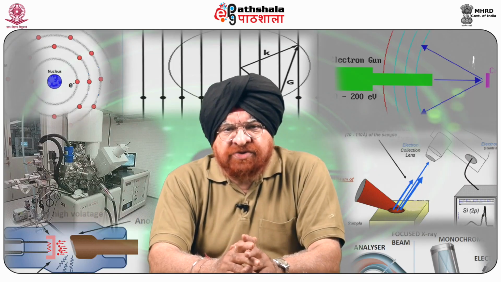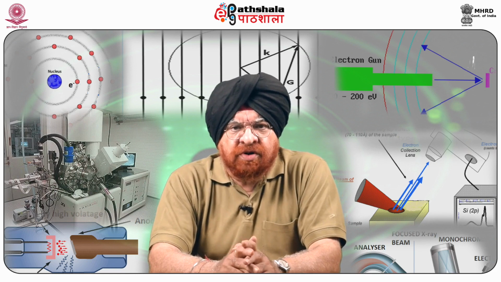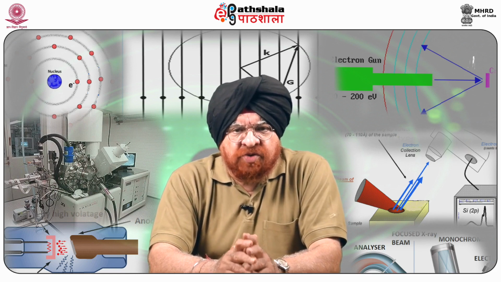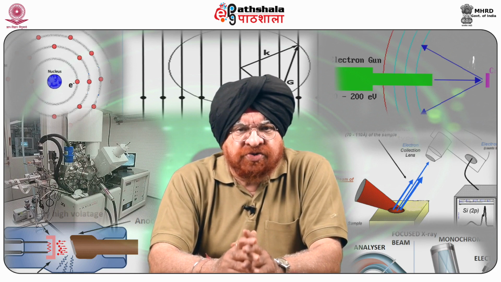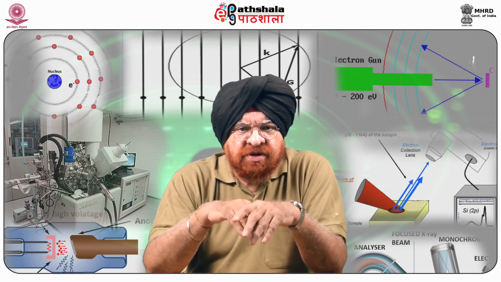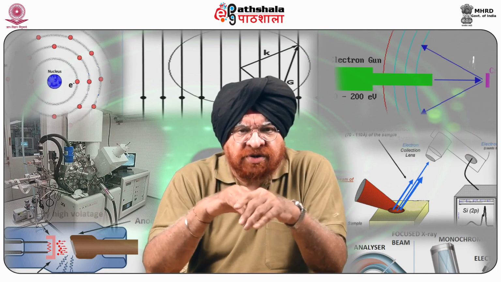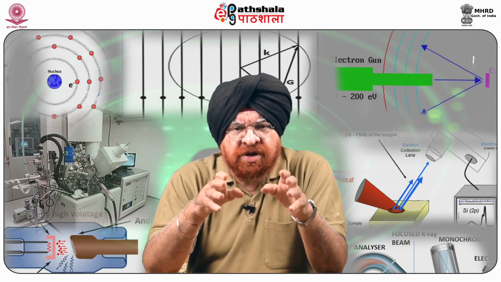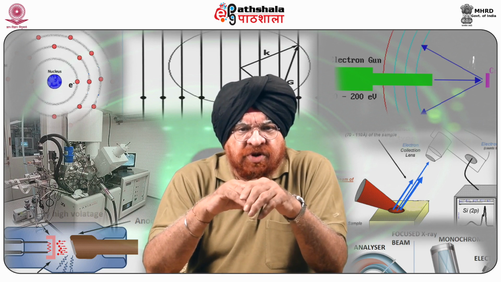Let's summarize the facts that we have learned in this module. A secondary ion mass spectrometer consists of an ion source, primary ion column, high vacuum sample chamber, mass analyzer, and a detector. Primary ion sources here are of 3 types.